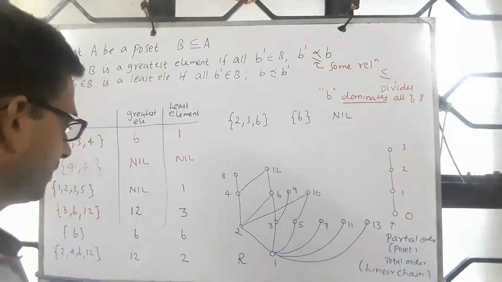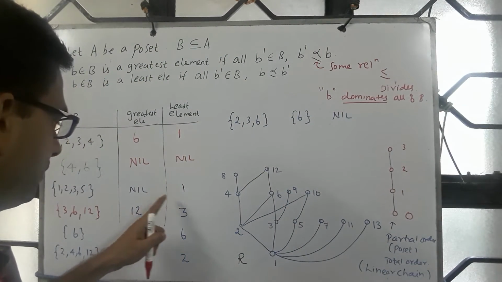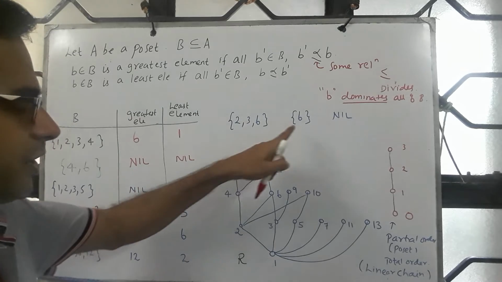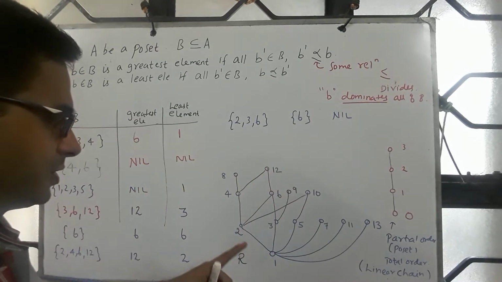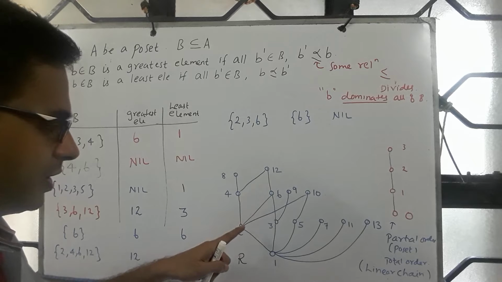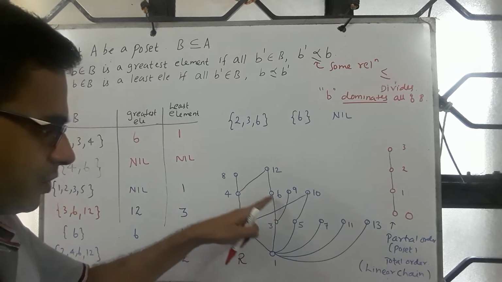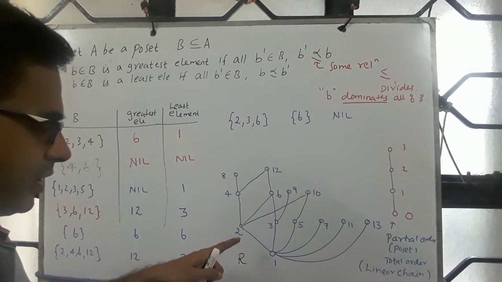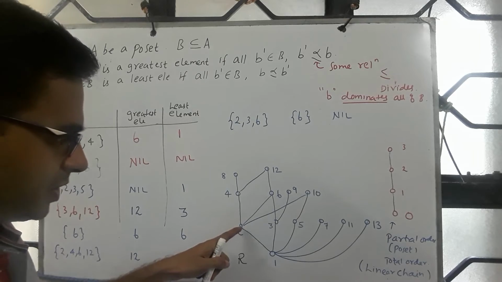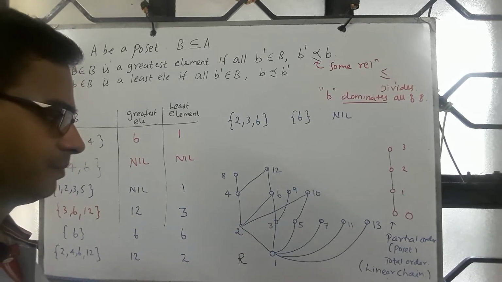So there are examples where you find least but not greatest. Similarly, you find greatest but not least. So if you take 2, 3, 6 and 6 dominates all of them, but 2 cannot be least because there is no relation between 2 and 3.